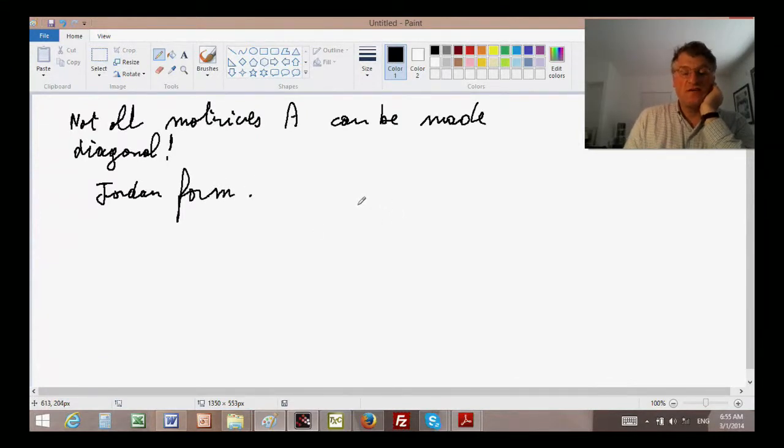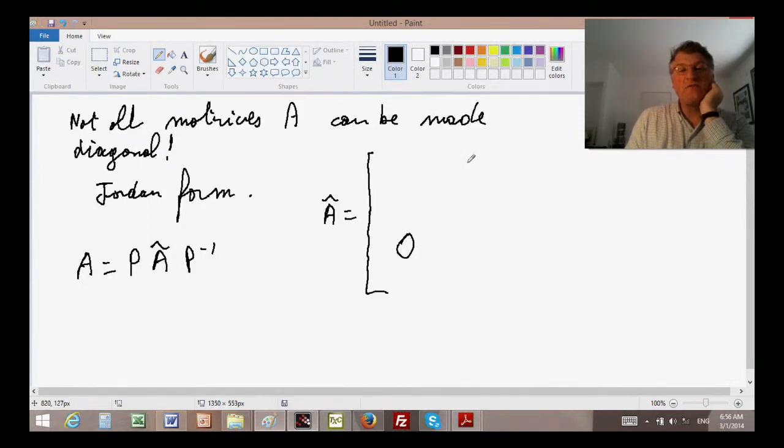What happens is that you can always write A is equal to P times A tilde times P inverse. But A tilde, instead of being diagonal, will be made of things like this. It will be block diagonal, and the blocks will have a very peculiar shape. Okay?